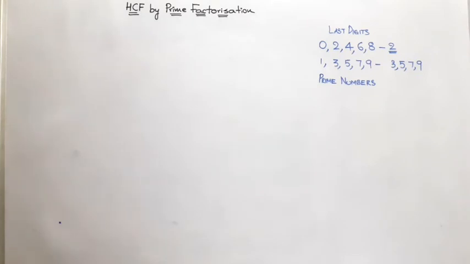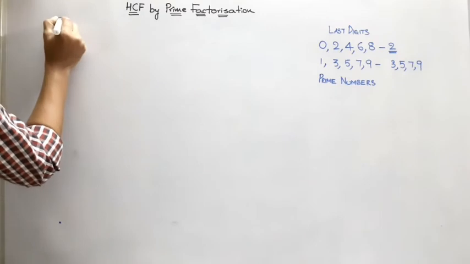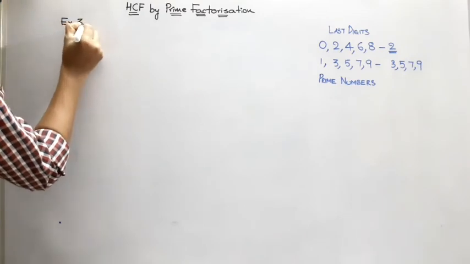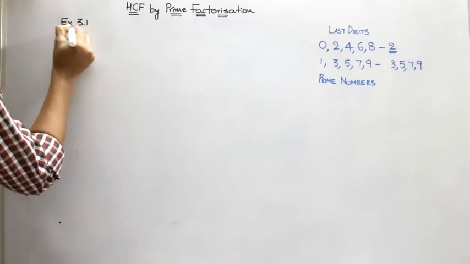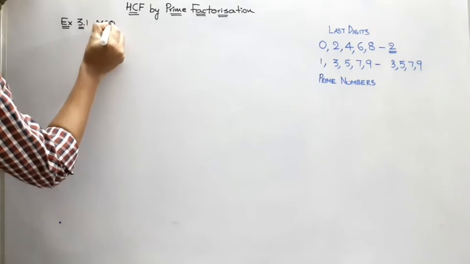In order to give you an example, I am taking the first MCQ of exercise 3.1. You just look at the board, don't write anything. Exercise 3.1 MCQs I am going to discuss now.